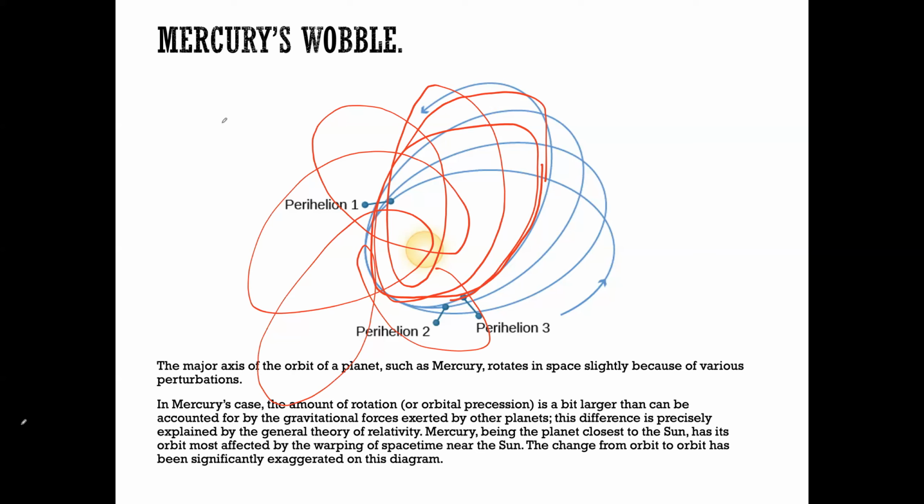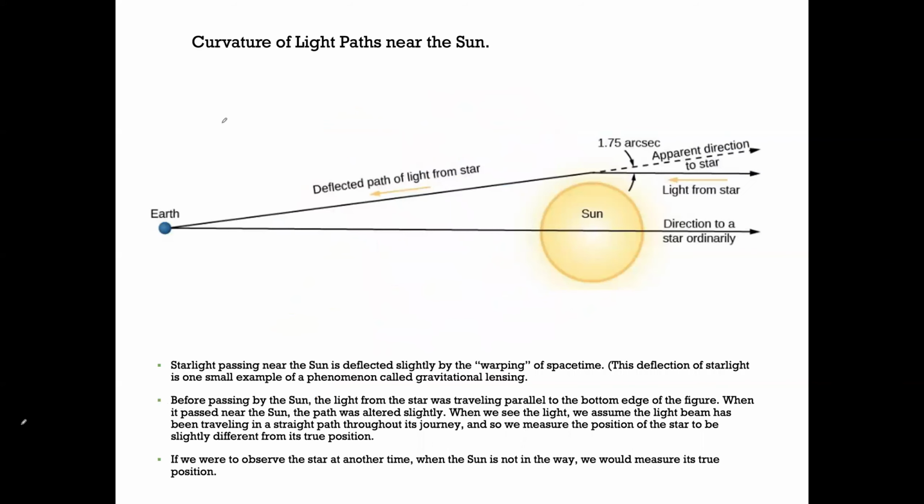Einstein was able to very accurately predict the amount of change in the orbit from his equations in the general theory of relativity, right? And this is one of the evidences that the general theory of relativity is correct, right?